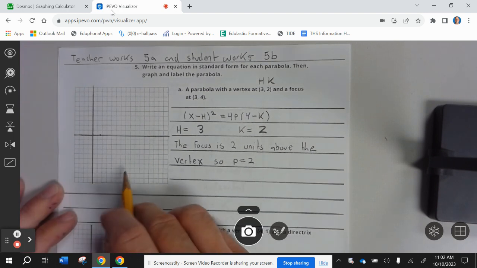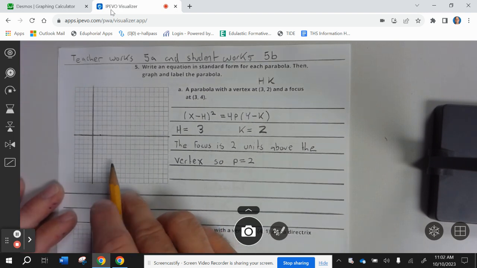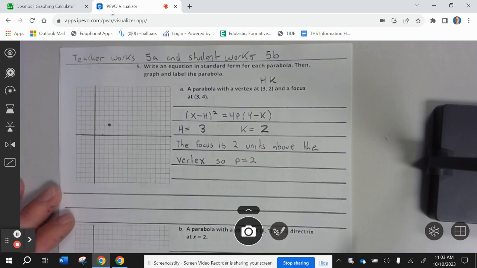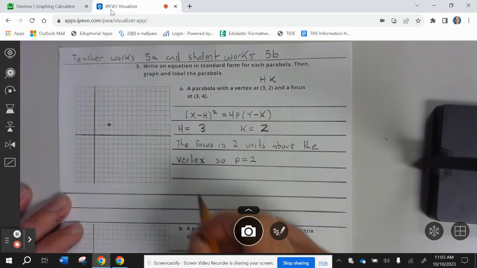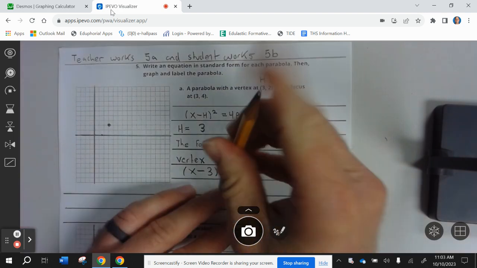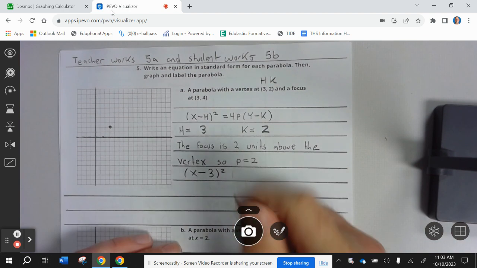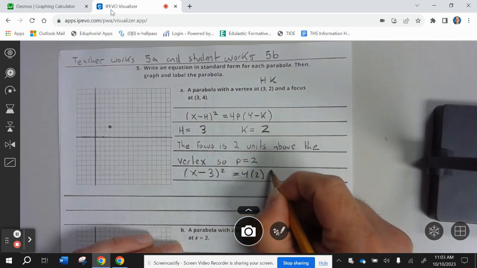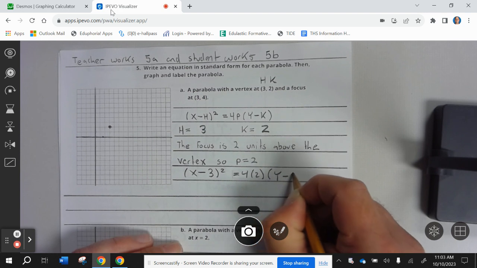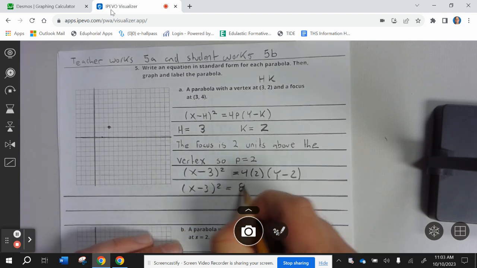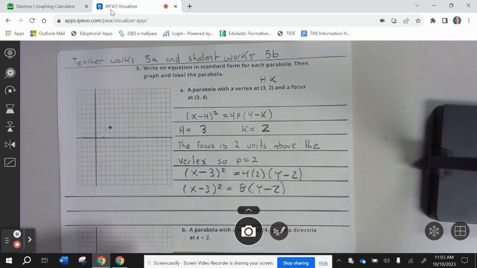So our equation is x minus 3 squared equals 4 times 2, y minus 2. So x minus 3 squared equals 8, parentheses y minus 2.